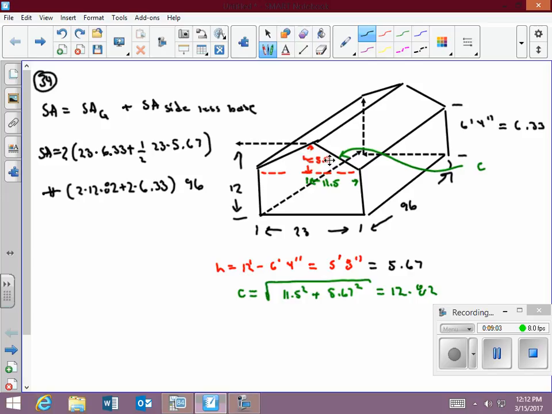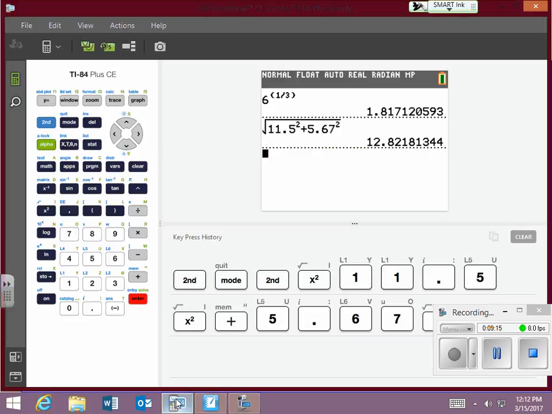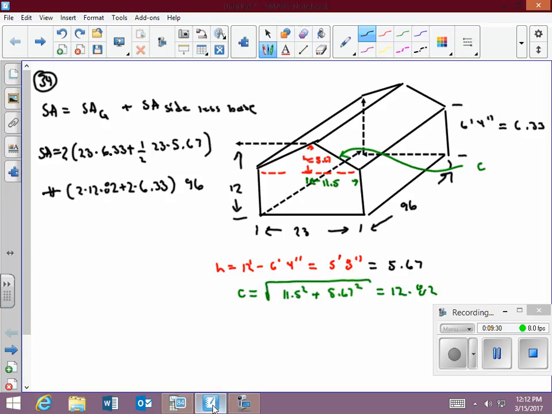I'll put that in the calculator. Okay, I'm going to have to go back and forth. There's no way I can remember it. So it's 2 times, is it 12.3? What is it? 12.8.